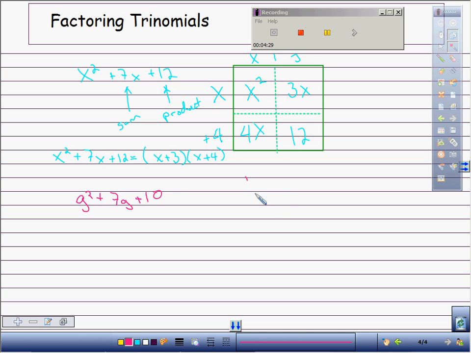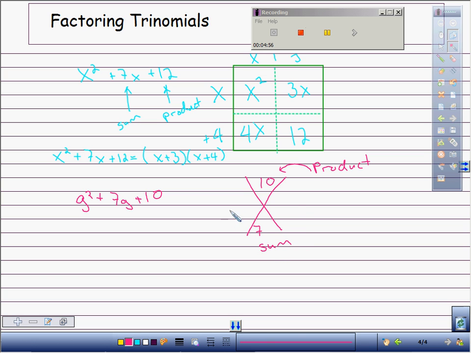Or years ago when I used to teach in California, there was this method they called the cross method. Up here they call this the product. Product means multiply. So you put this in the product area, and you put this in the sum area. So this is the sum.